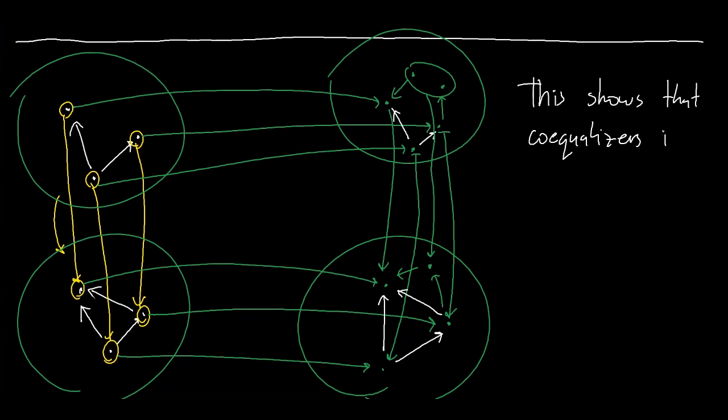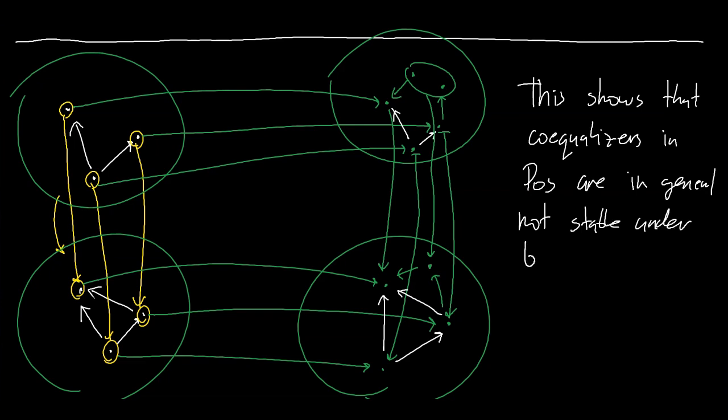This shows that coequalizers in the category of posets are in general not stable under pullbacks.